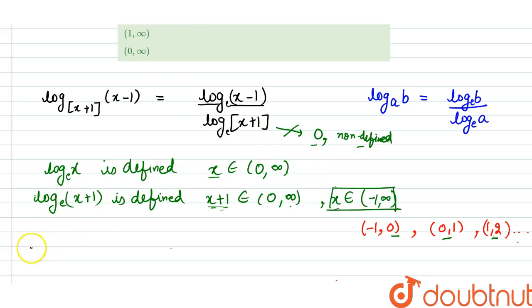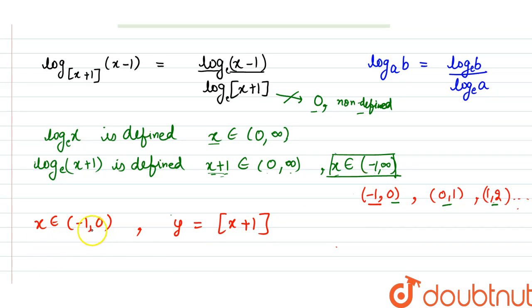So if we look at the interval when x is belonging to minus 1 to 0, then let's say we denote y as the greatest integer value of x plus 1. So if x belongs to minus 1 to 0, then clearly x plus 1 will belong to 0 to 1. And also we should include 0 somewhere, so we will include it here, and similarly we will include 1 here and 2 here.